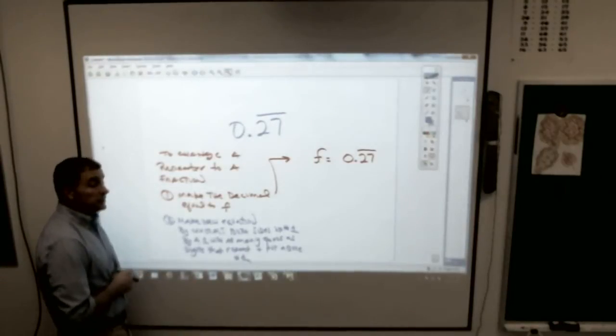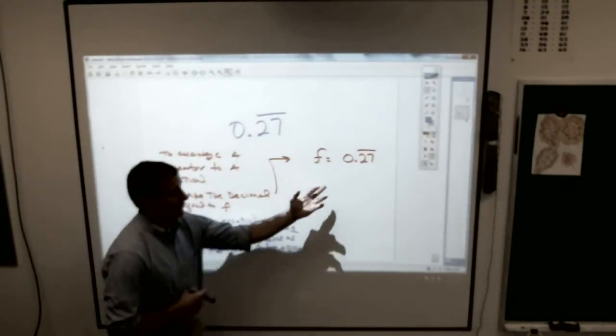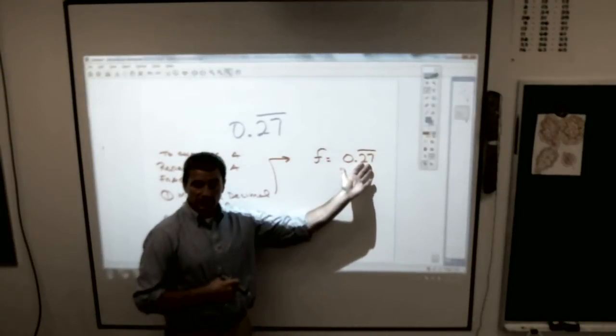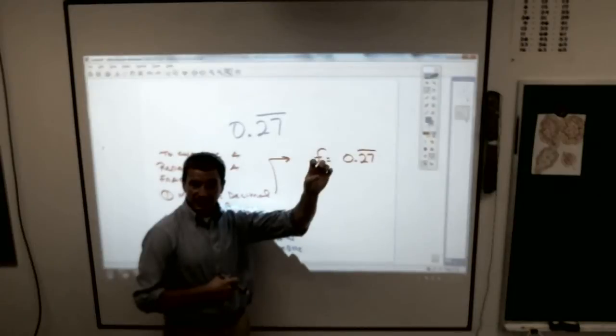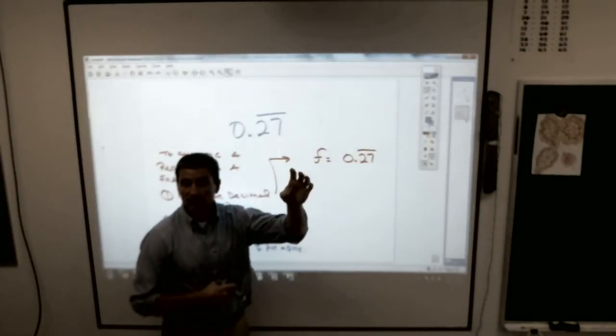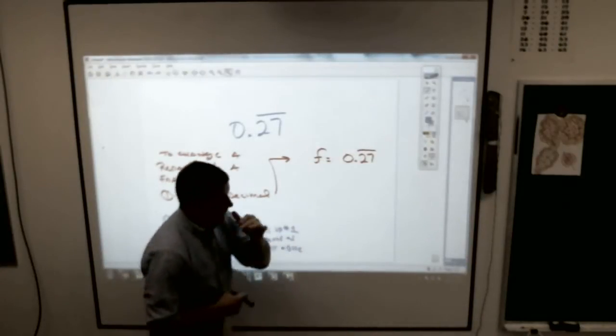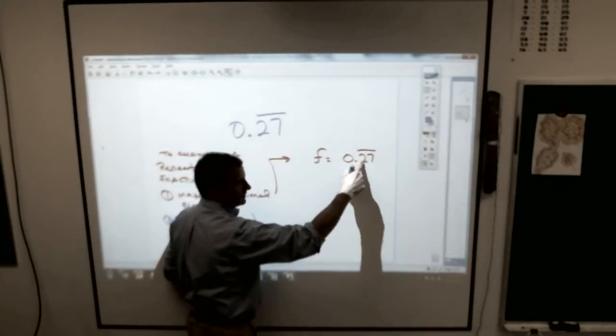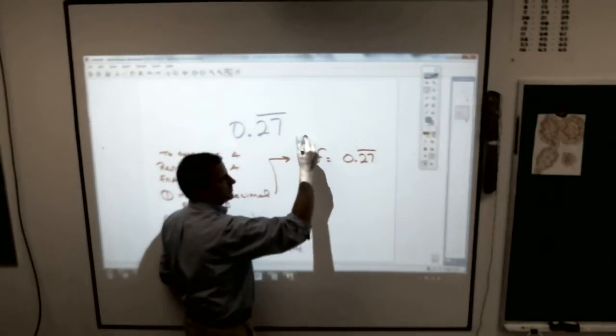Okay, so here's what you do. You look at the number of digits that repeat. This has 2 digits that repeat, the 2 and the 7. So you put 2 zeros at the end of 1. 1 with 2 zeros is 100, right? You multiply both sides by 100. This becomes 100F.